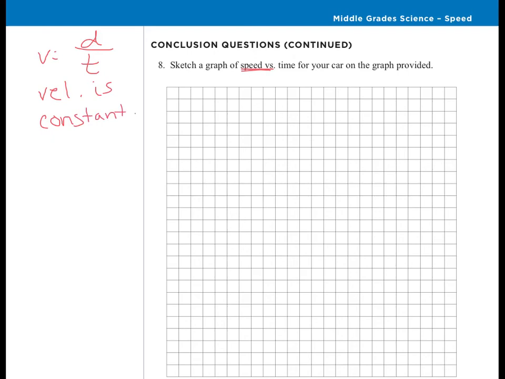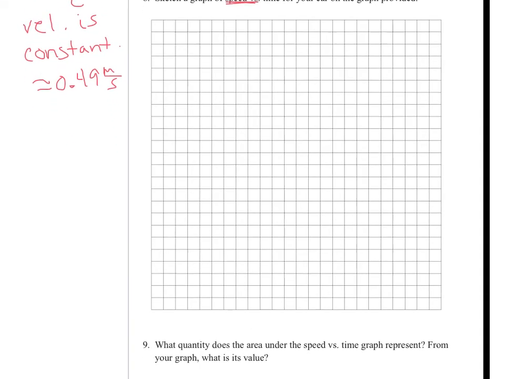Every single time we divide that out, we get something around 0.49 meters per second. So if we graph that, okay, we have a constant velocity of 0.49 meters per second.